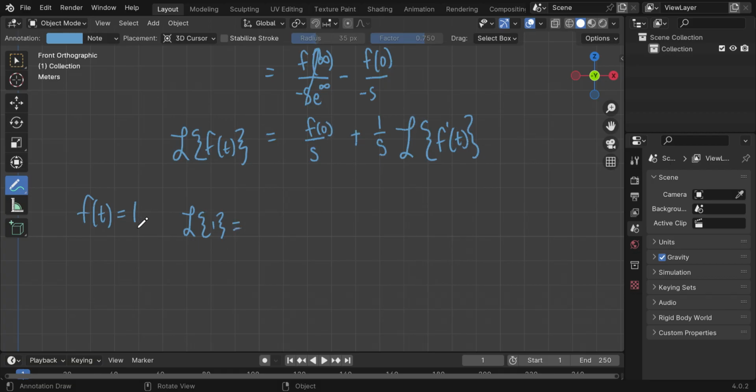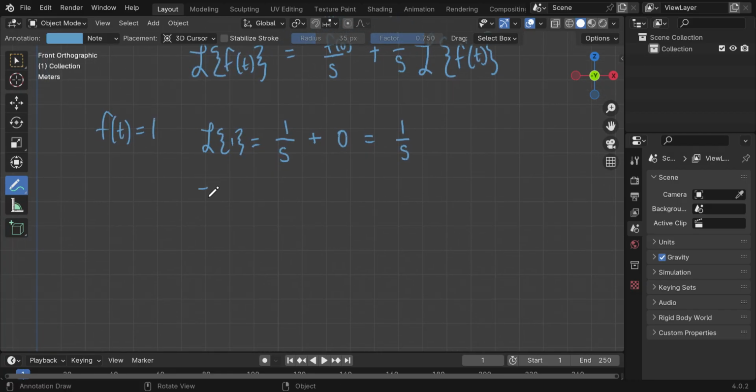Well, f0 of a constant is just that constant, so we put that over s, and then we add 1 over s times the derivative. Well, the derivative of a constant is always 0, so the answer is 1 over s.